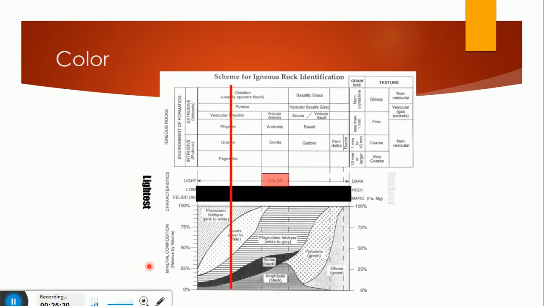These are the intermediate light rocks, not very light, and the composition has changed. On the basis of the composition, you can classify this. Near the intermediate, here comes the intermediate rock, that is the andesite.